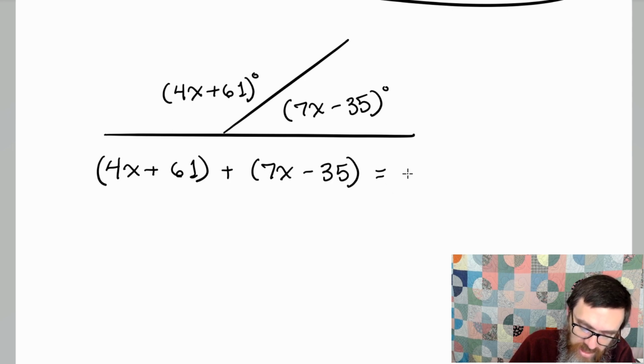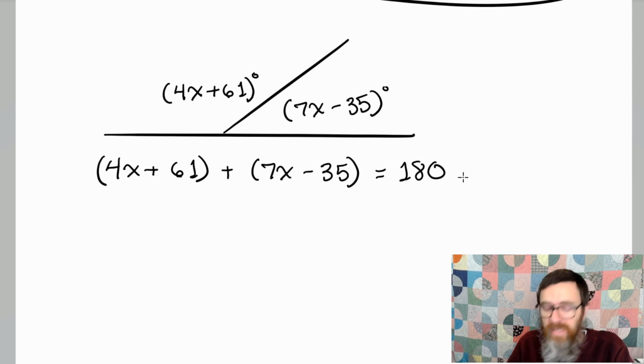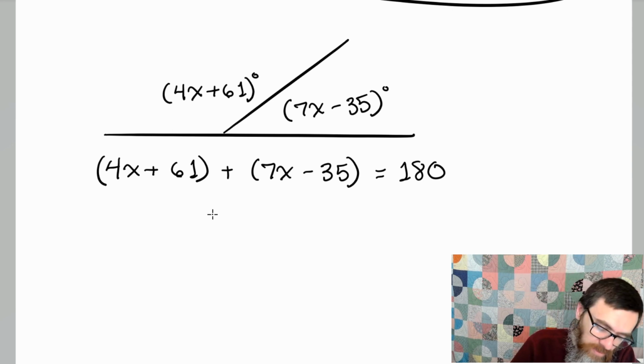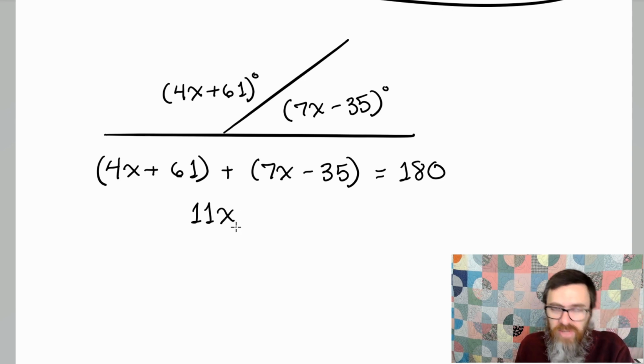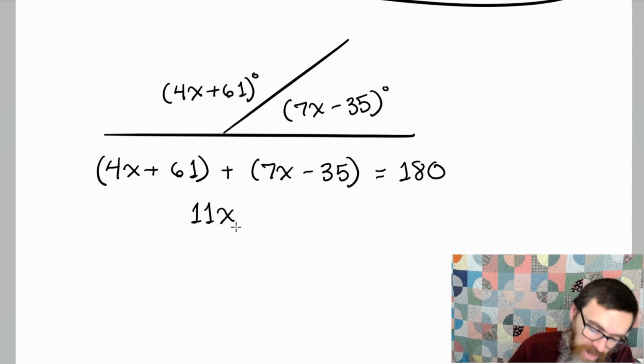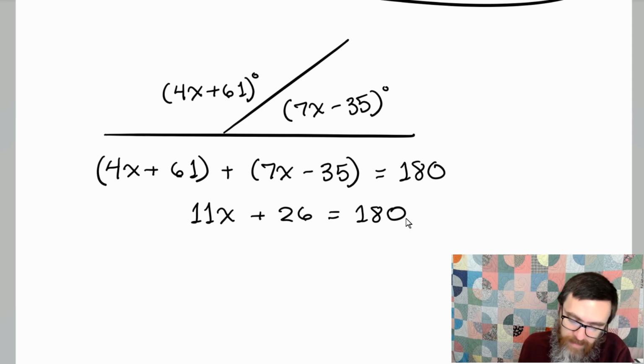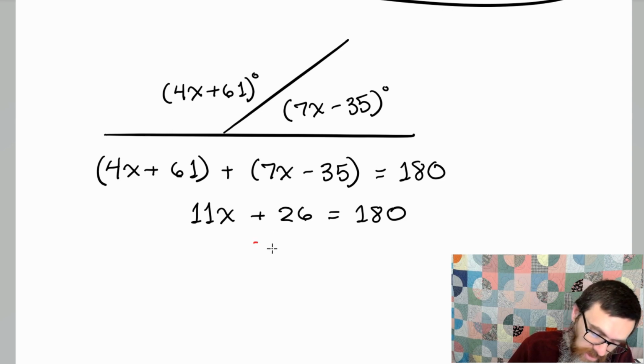All right, so let's see how this works out. A nice equation. It's linear. Again, combine like terms. So 4x and 7x is 11x. 61 minus 35 is a positive 26. And now we solve.